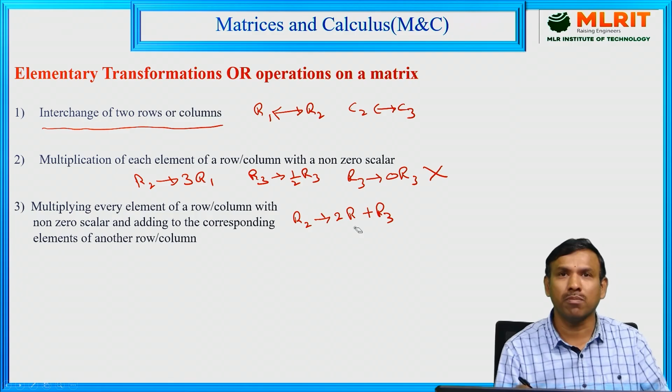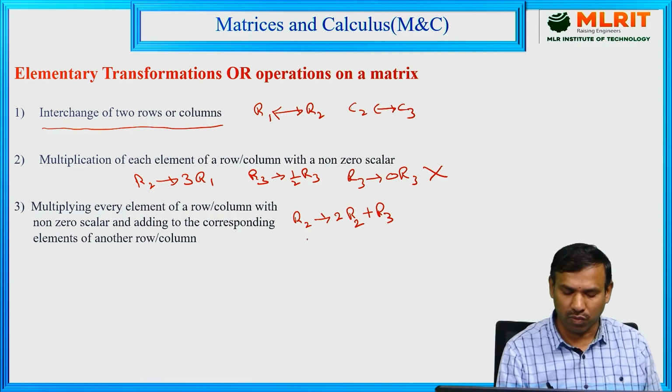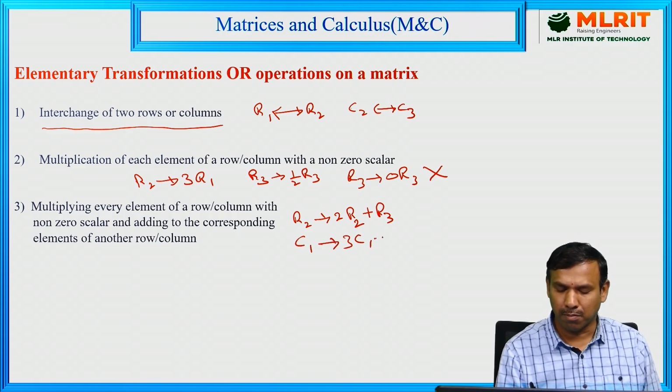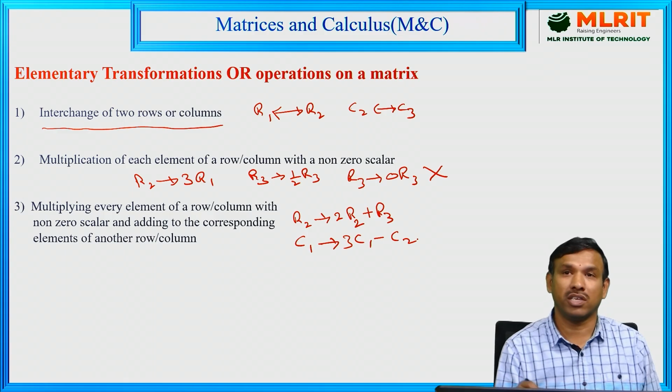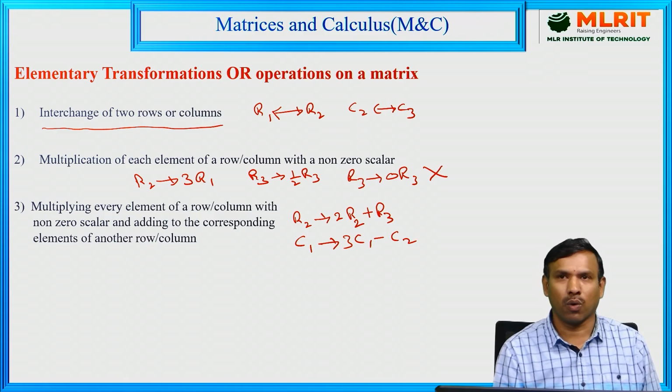So R2 multiplied by 2 and added to R3 we can do. Similarly for columns also. Suppose C1 is multiplied by 3, giving 3C1 minus C2. Addition or subtraction can be done, for columns or for rows. So these three elementary operations are allowed while finding the rank of a matrix.